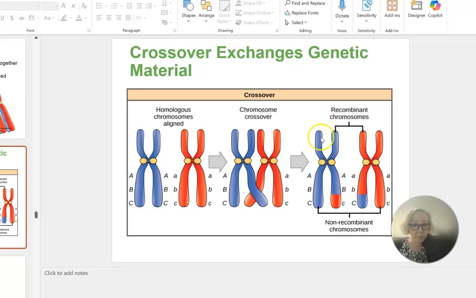So now, remember, you're only going to have one of these. These are going to separate into 4 gametes, 4 sperm cells, if you will. So now this one has big A, big B, little c, right? We've mixed up the genetic diversity a little bit, okay? Recombination.